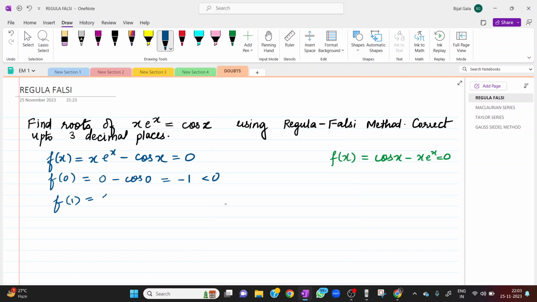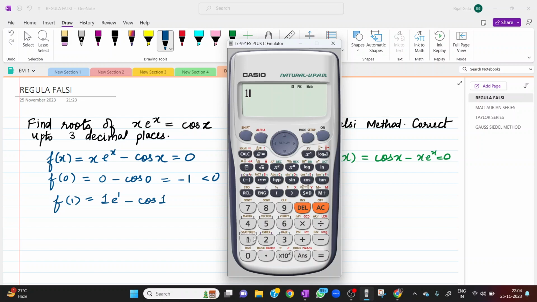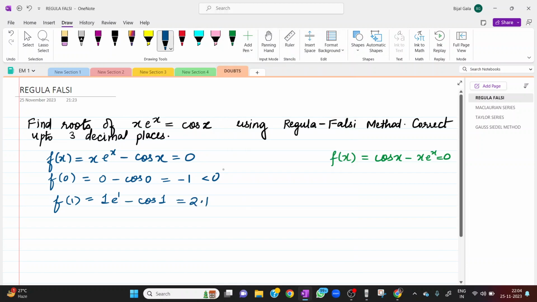The first term will be 1 e raised to 1 minus cos of 1. So let's calculate in the calculator: 1 into e raised to 1 minus cos of 1. That's going to give me 2.1780. So we can see this answer is positive. Okay, so we got a positive and a negative value and therefore we say the root lies between 0 and 1.